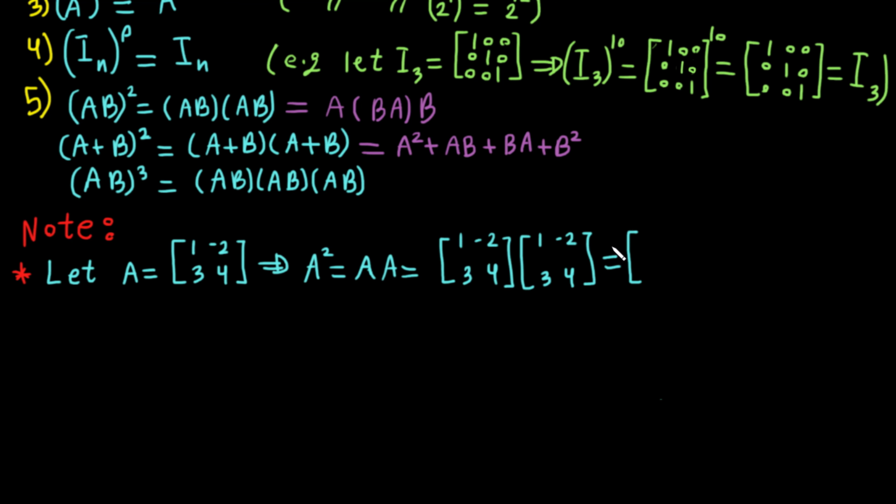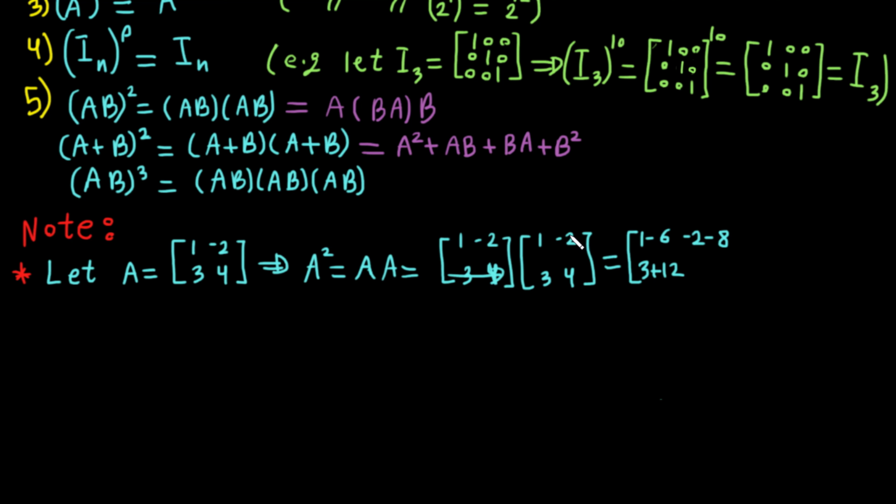So 1 multiplied by 1, which is 1, negative 2 multiplied by 3, which is negative 6. The second component: this row multiplied by this column, so 1 multiplied by negative 2, which is negative 2, negative 2 multiplied by 4, which is negative 8. Now this row by this column: 3 multiplied by 1, which is 3, 4 multiplied by 3, which is 12.